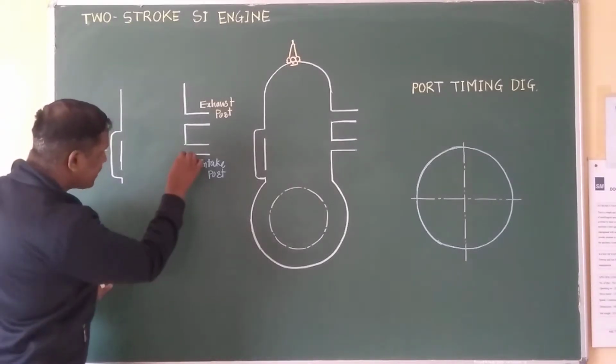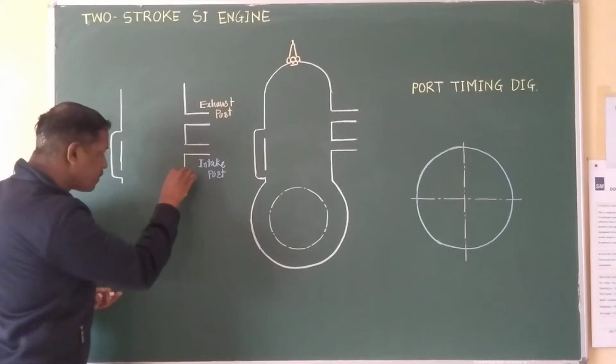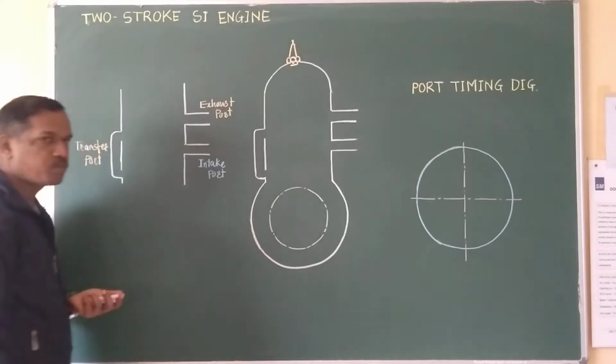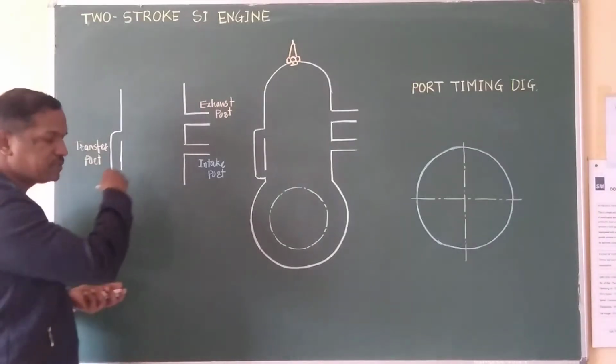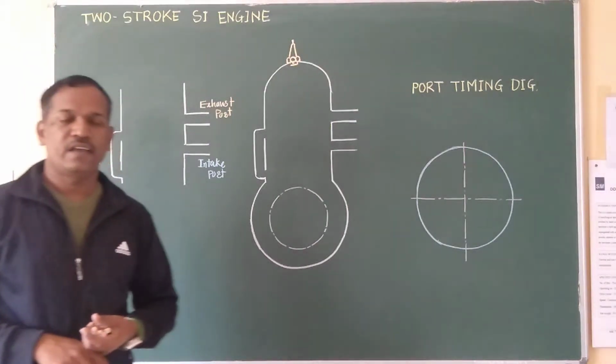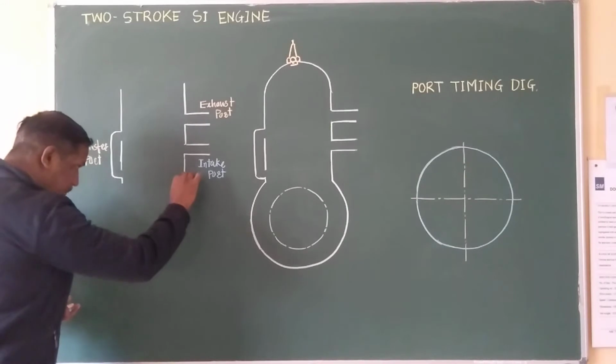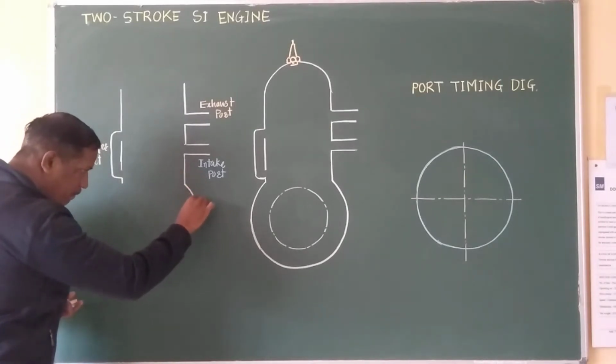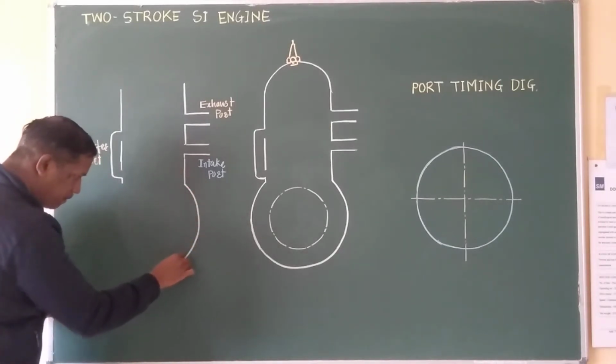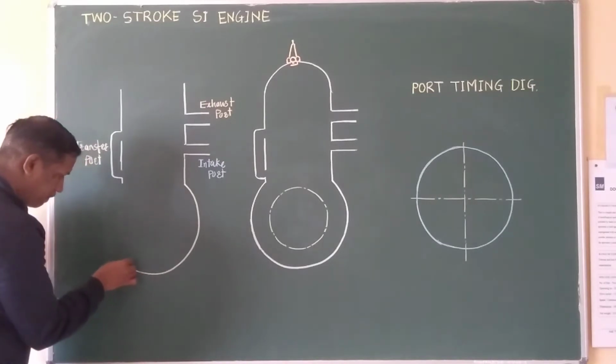Now at the end of the transfer port, just extend a straight vertical line, and up to this level we have to extend the second side also. Whatever is the bottom side, we have to make it an airtight crankcase, so draw one circle.